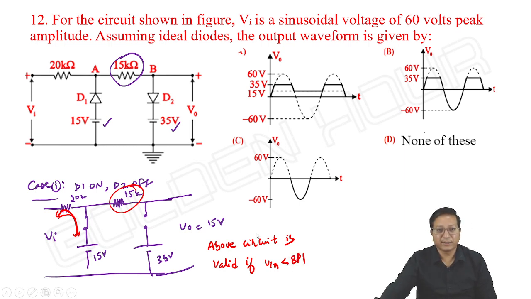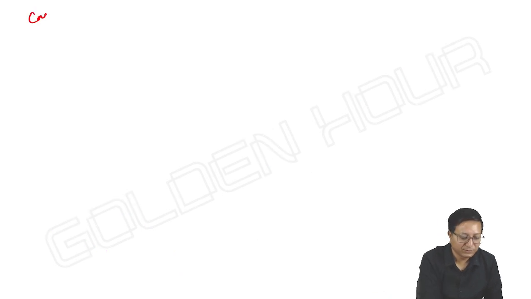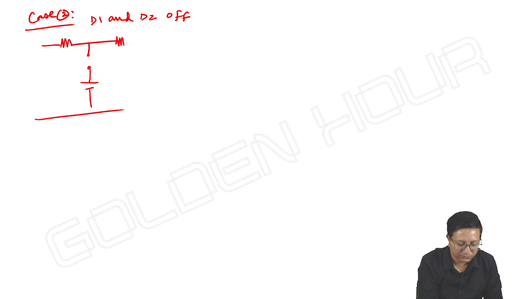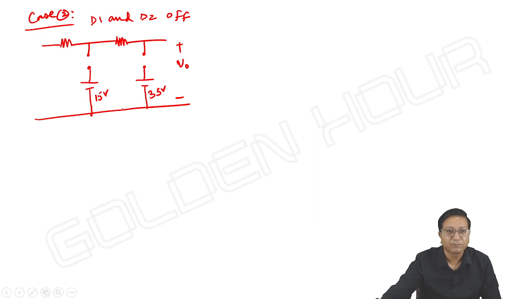Okay, take the second case. That is both D1 and D2 off. 15 volts, 35 volts, V output, 20K, 15K.